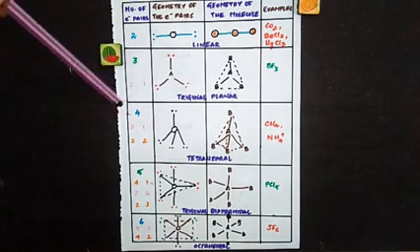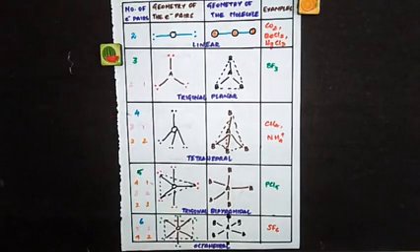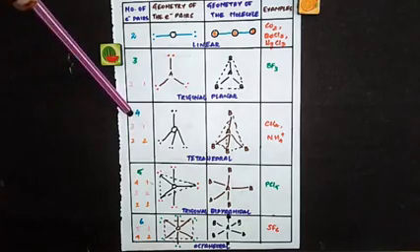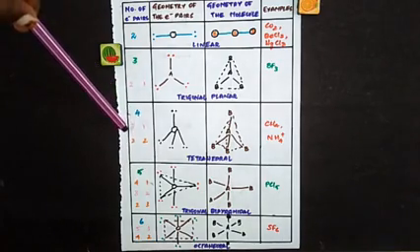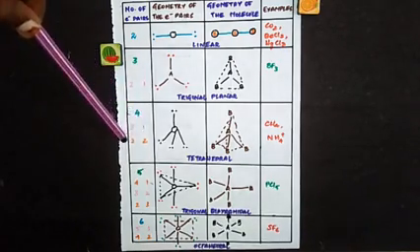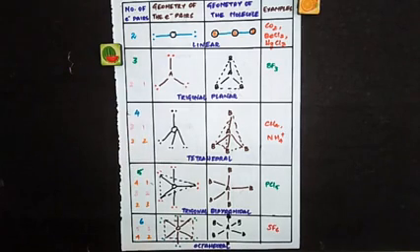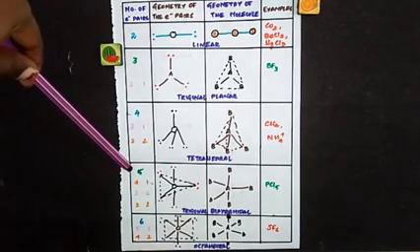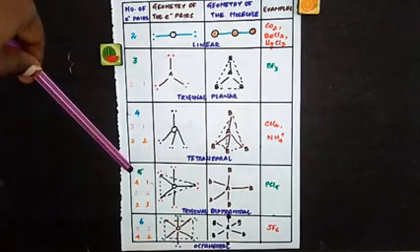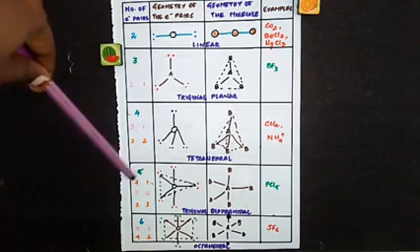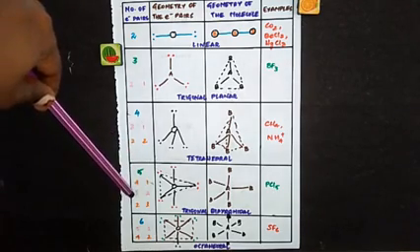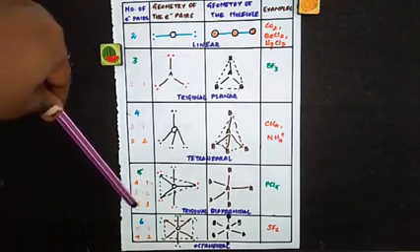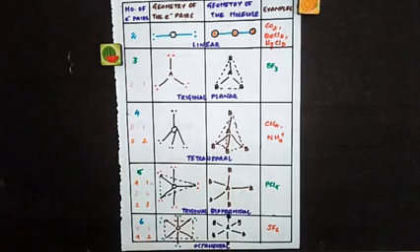I am just showing you the possibilities, how the total number of electron pairs can be divided as bond pairs and lone pairs. With 4 electron pairs, all the 4 can be bond pairs, or you can have 3 bond pairs and 1 lone pair, or 2 bond pairs and 2 lone pairs. Other possibilities: when there are 5 total electron pairs, all the 5 can be bond pairs, or 4 bond pairs and 1 lone pair, or 3 bond pairs and 2 lone pairs, or 2 bond pairs and 3 lone pairs.